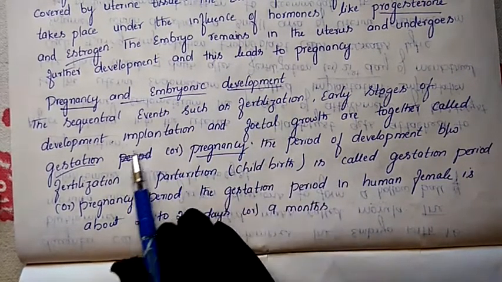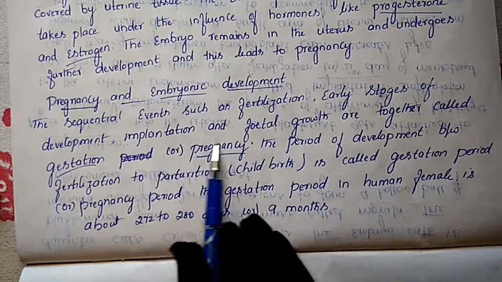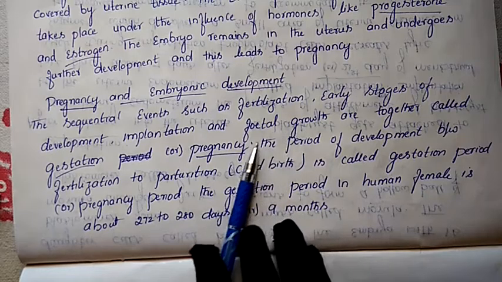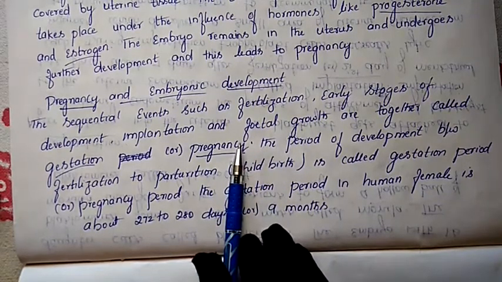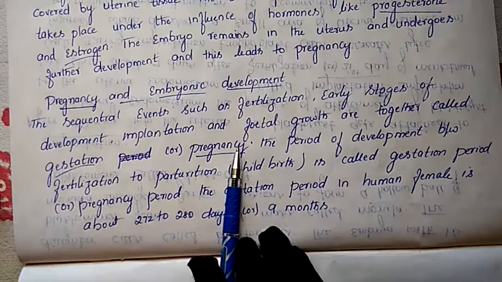After implantation, fetal growth takes place, which means the embryonic development. The embryo keeps dividing day by day, and finally the young one is born.